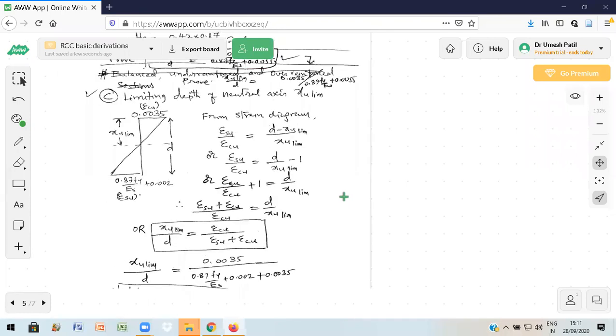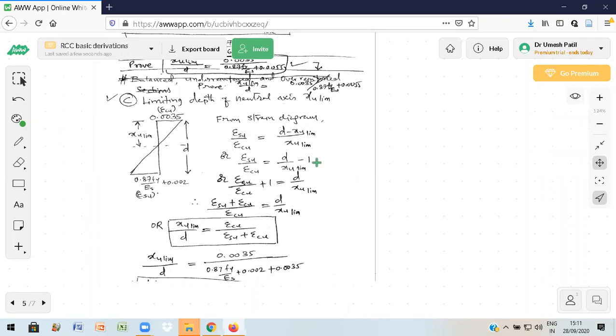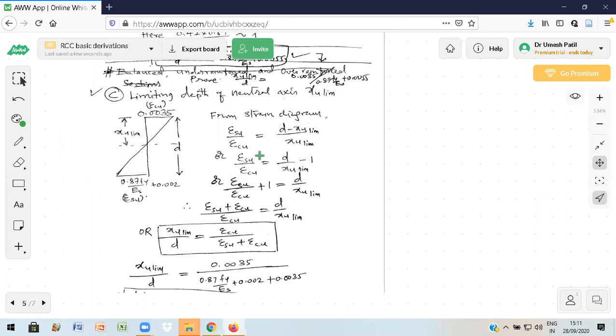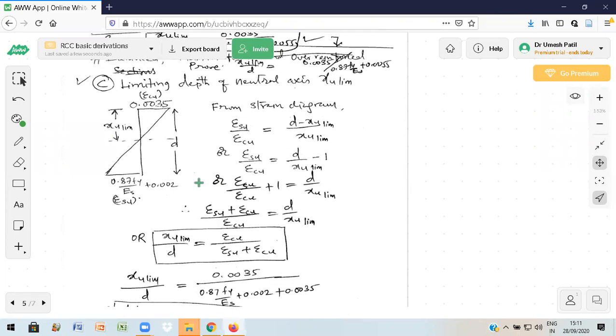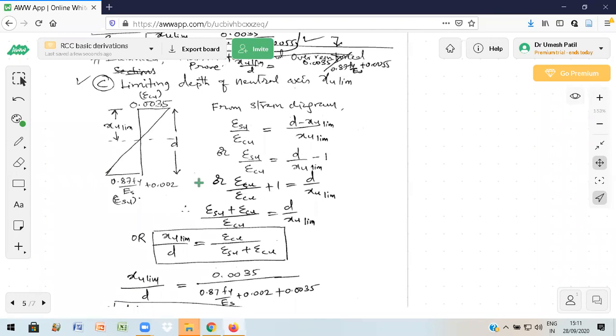Now, what is the xu limit? There is one thing that you should understand: whether steel is going to fail first or concrete fails first. If I start increasing the bending moment, whether steel is going to give up first, or concrete will fail first, or both will fail at a time.